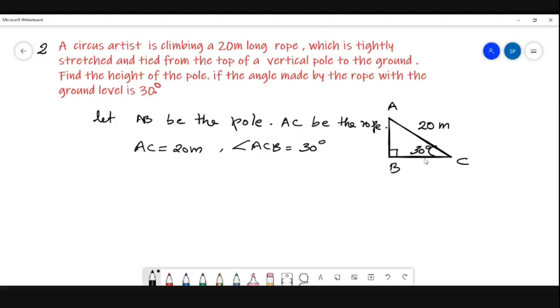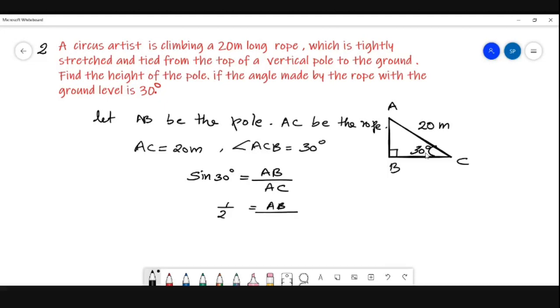Now with respect to 30 degrees, what is the relation connecting the opposite side to the hypotenuse? Because here we have to find the height of the pole, that is AB. AB is opposite to this 30 degrees. So we can say it is sine 30. Sine 30 equals opposite side AB divided by AC. Sine 30 we know is 1 by 2.